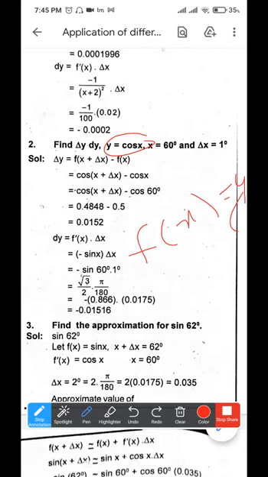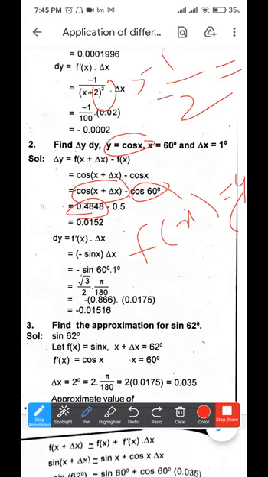So f of x plus delta x is nothing but 0.848. This thing we can only get by using a calculator. Okay, and cos 60 is 1 by 2, which is 0.5.